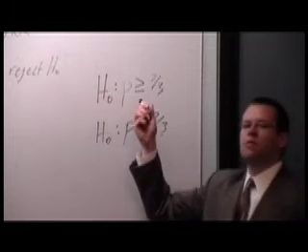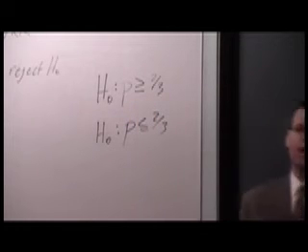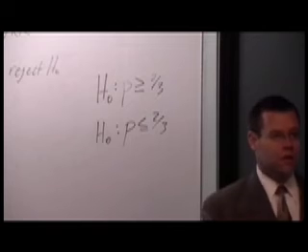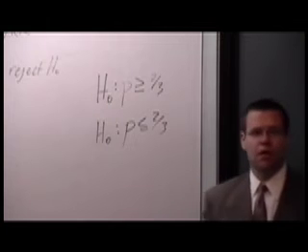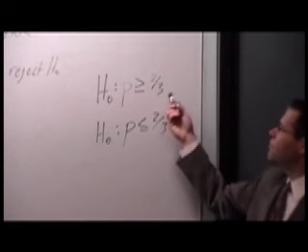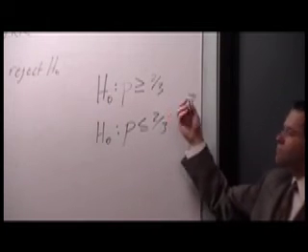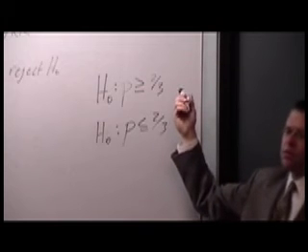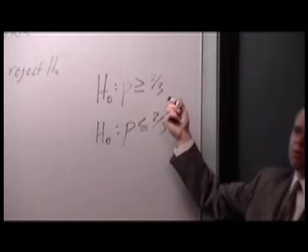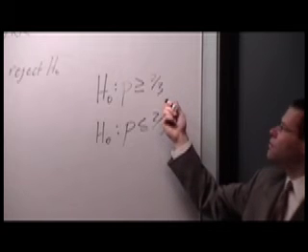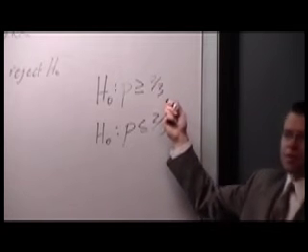But in this case, the 2 conclusions you can get are, there's insufficient evidence to reject the null hypothesis that at least 2/3 use a laptop, and therefore say that less than 2/3 use a laptop.